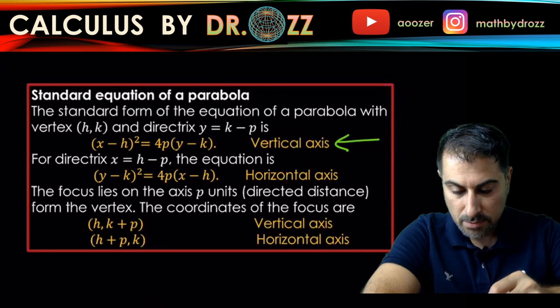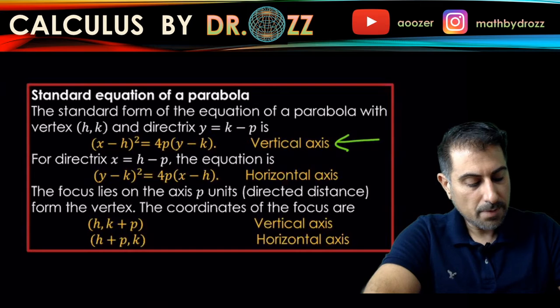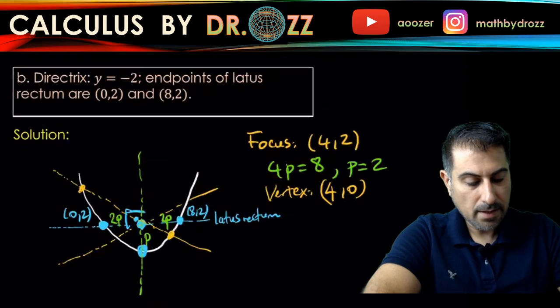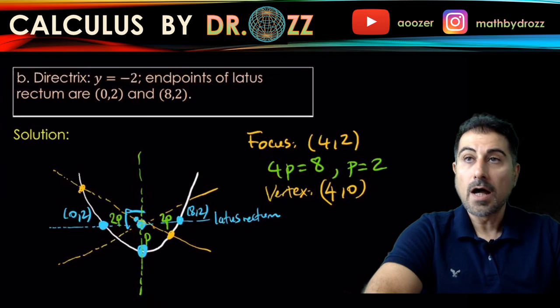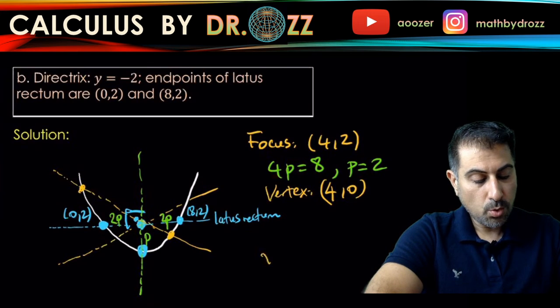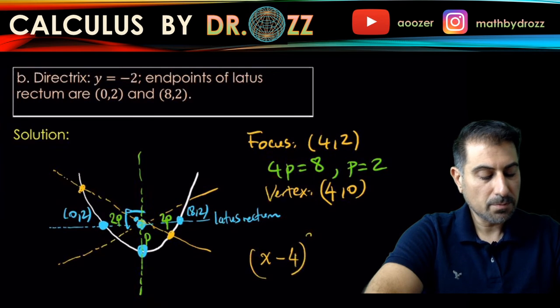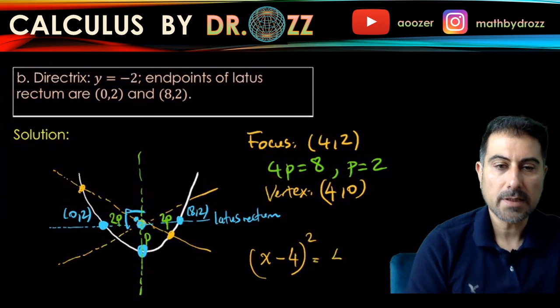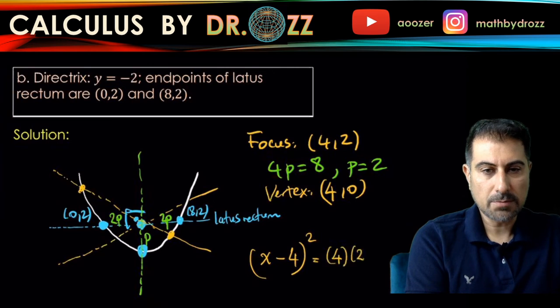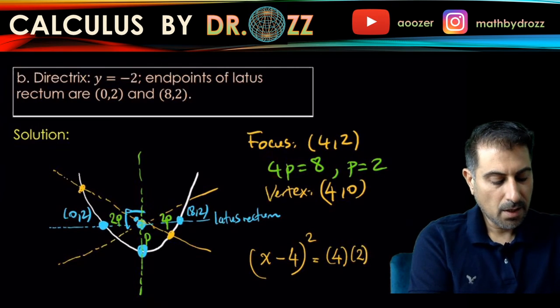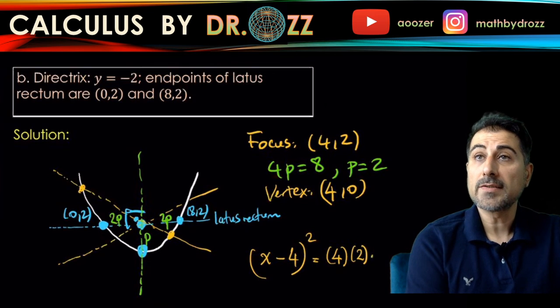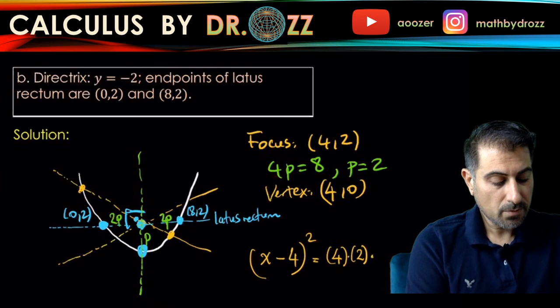So let's go back here. (x minus 4) squared equals 4 times p times, 4 times 2 times (y minus 0). In other words, just y.